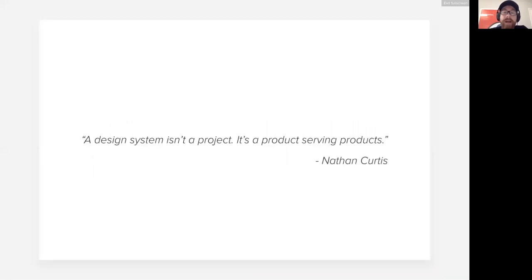Because if you think about a design system as a product serving products, and you apply agile development principles to the process of building a design system, all of a sudden what you have is an iterative approach to developing consistency in the user interface, which means that you can build small things and deliver them fast.